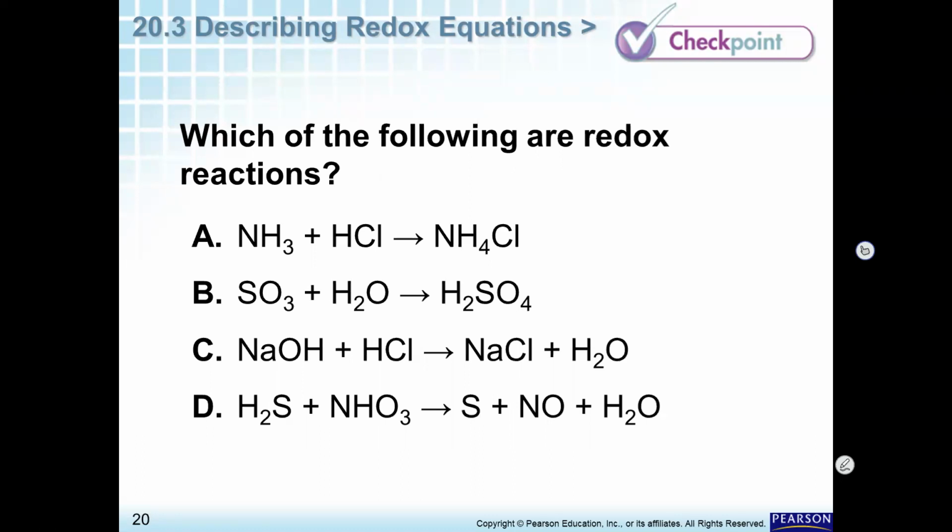Starting with the first one. Each time what we need to do is assign the oxidation numbers and see if there's a change or not. NH3: the hydrogen is +1, so the nitrogen will be -3. And then H plus Cl minus.